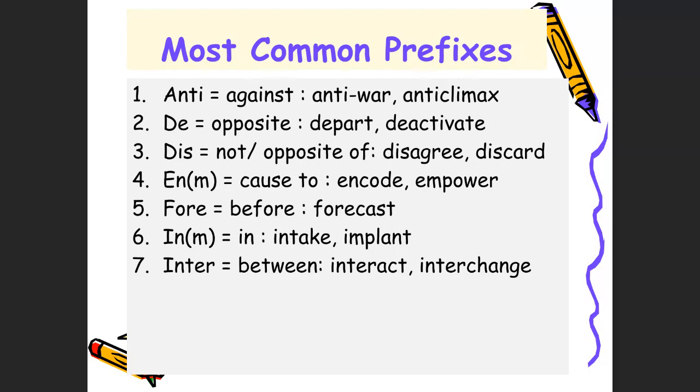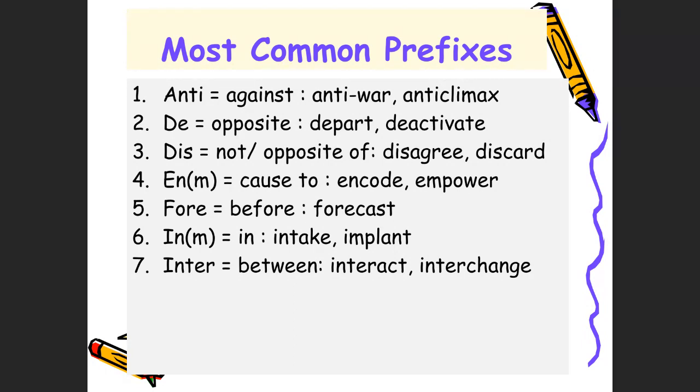Good. Disinfect. Very good. With em or en, it says encode, empower. Enjoy. Embrace. Fantástico. Great. Wonderful.